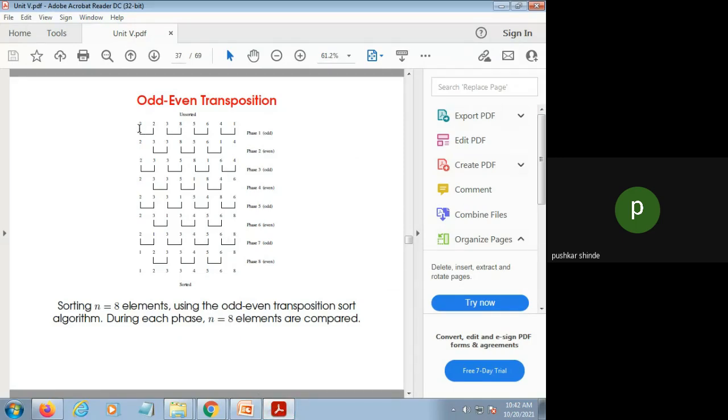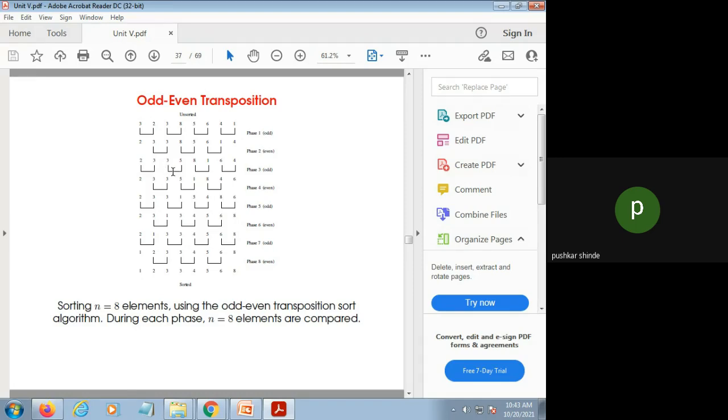So look at here. When i is odd, that is i is 1, these two numbers, with index 1, 2, 3, 4, 5, 6, 7, 8, are compared and exchanged. Whereas when i is even, index numbers 2, 3, 4, 5, 6, 7 are exchanged. Again in the next pass, when i is odd, 1, 3, and so on.